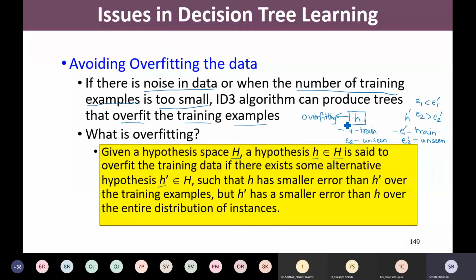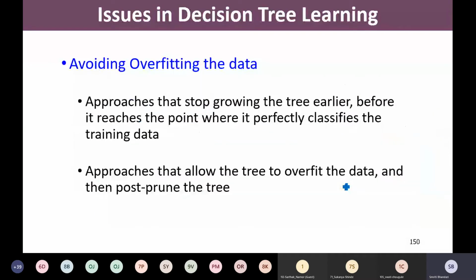We have discussed this concept earlier. This is once again the revision. In decision trees we may come across such kind of overfitting. So the question here is how to avoid overfitting of the data.